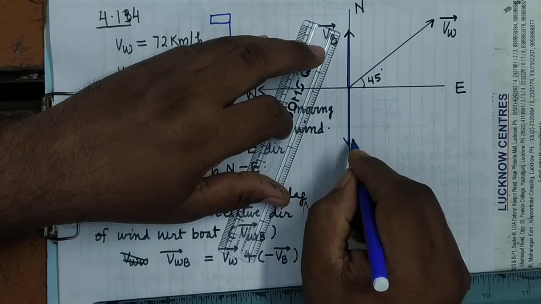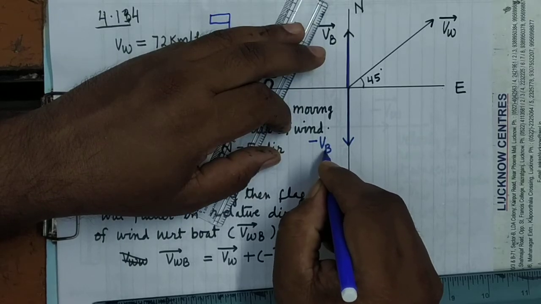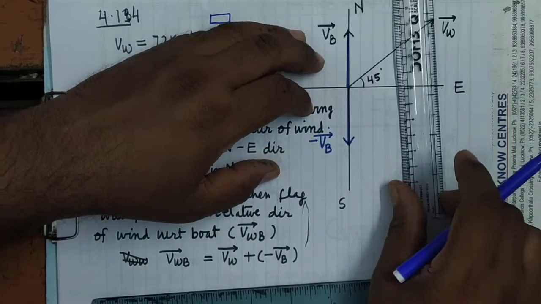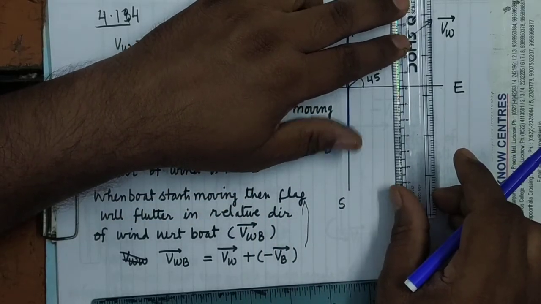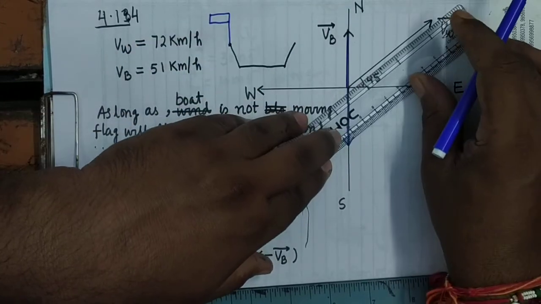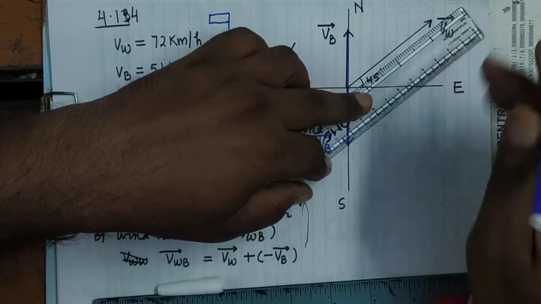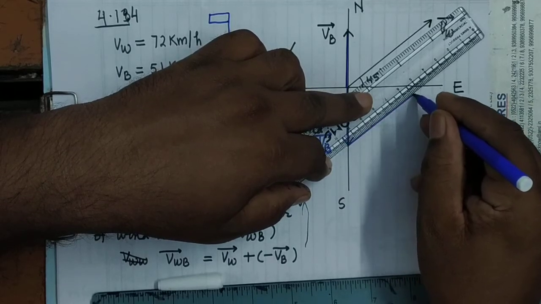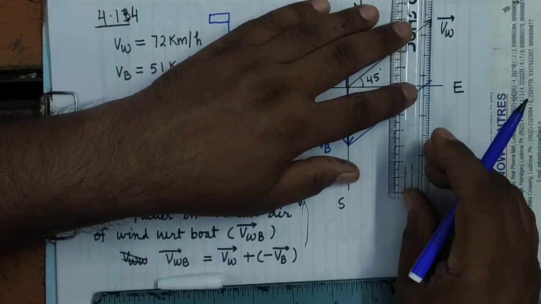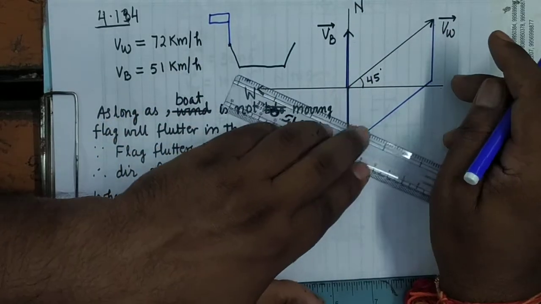This is the negative vector VB. Now how will you find the resultant of this and this? By completing the parallelogram. So here I am trying to complete the parallelogram. This parallelogram has completed.